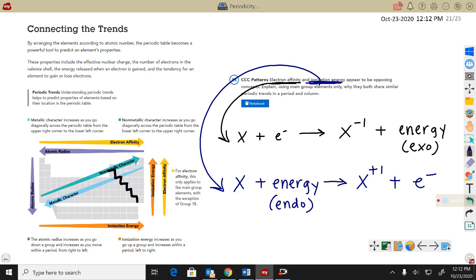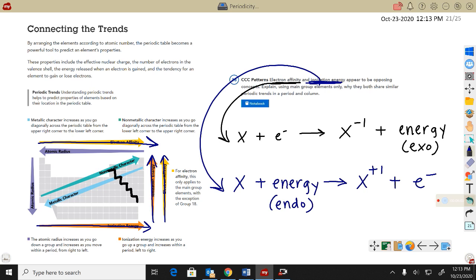Explain why both share similar periodic trends in a period and a column. For example, it's easy to see the red and orange, or the orange and yellow arrows that are both increasing going across, and both increasing going up a group.